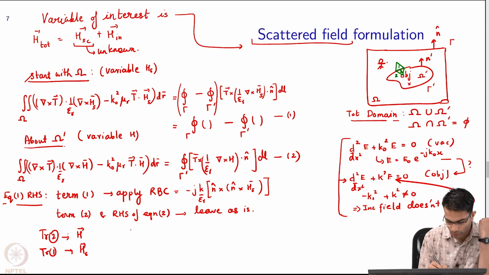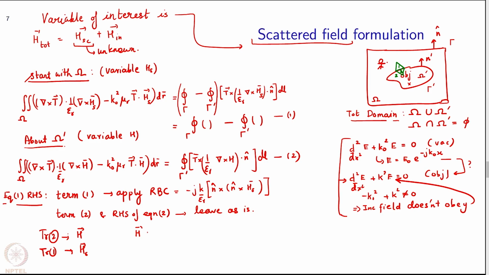So the third equation that I get from here is going to be H minus Hs is equal to Hi. That is the third equation that I get. Okay. So how does that translate into a system of equations?